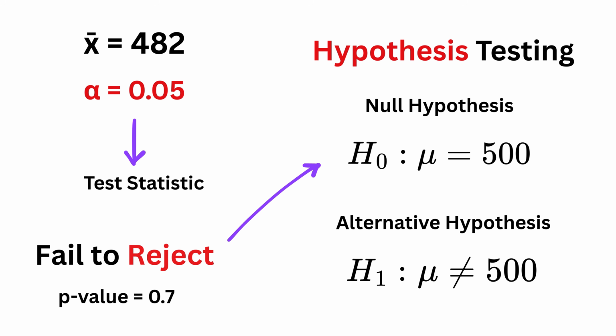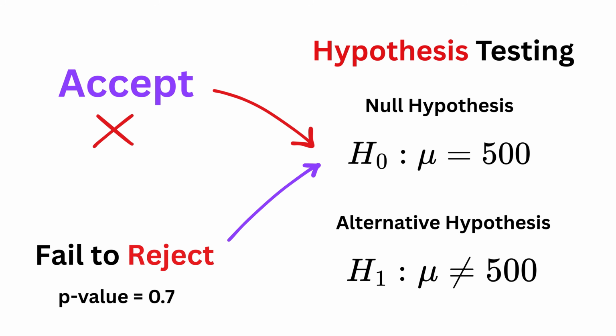You might still be curious and decide to investigate further, collect more samples, run more tests. But unless the pattern becomes consistently very unusual, like getting extreme results over and over again, you won't have convincing evidence that the company is being dishonest. Note that we do not say that we accept the null hypothesis, we say we fail to reject the null hypothesis.